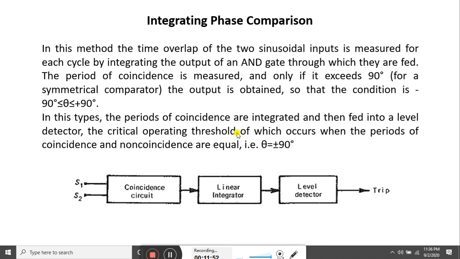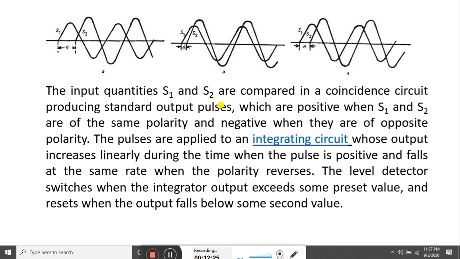As I have told earlier, the output of the coincidence circuit is fed to the linear integrator, and from there it goes to the level detector, which determines the output command. The coincidence period can be measured between theta equal to plus 90 or minus 90 degrees. So this is called the integrating phase comparison.